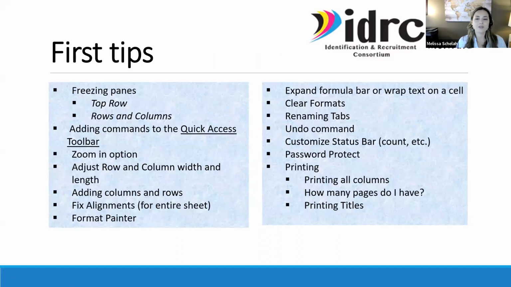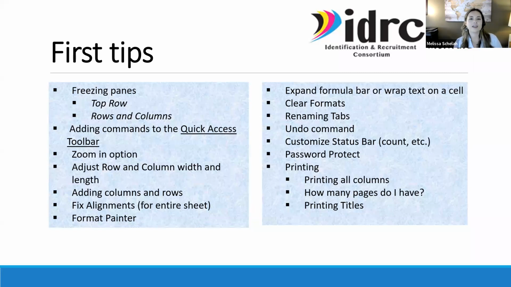So the first tips that we will go over are freezing panes, adding commands to the quick access toolbar, zoom in option, adjust row and column width and length, adding columns and rows, fix alignments, format painter, expand formula bar or wrap text on a cell, clear formats, rename and tabs, undo command, which I love, customize status bar.